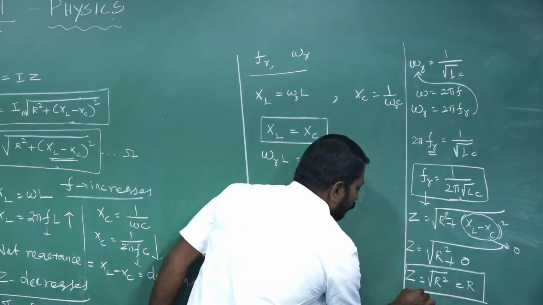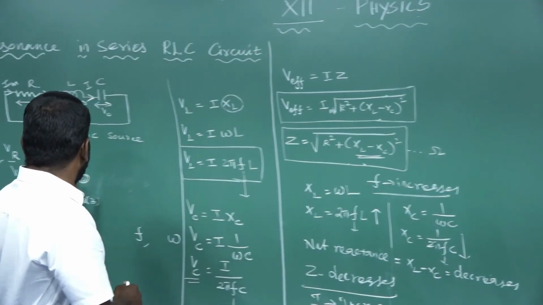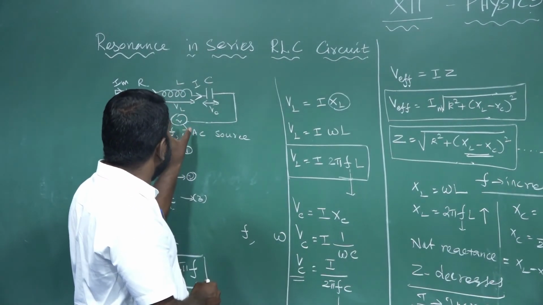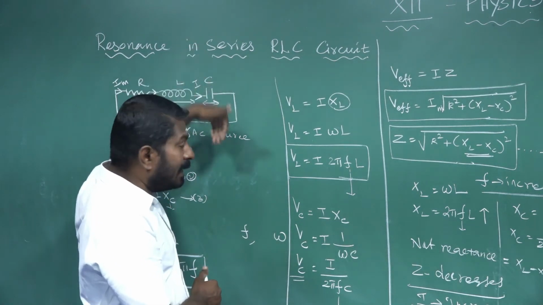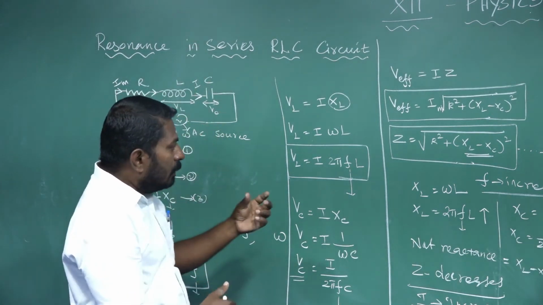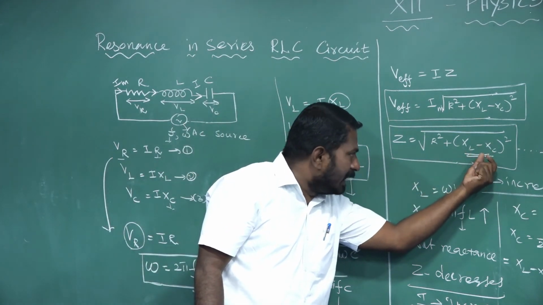So dear students, don't forget, if the frequency of the AC voltage source increases, inductive reactance increases and capacitive reactance decreases from its maximum value, but the impedance of the series RLC circuit decreases due to the net effect.